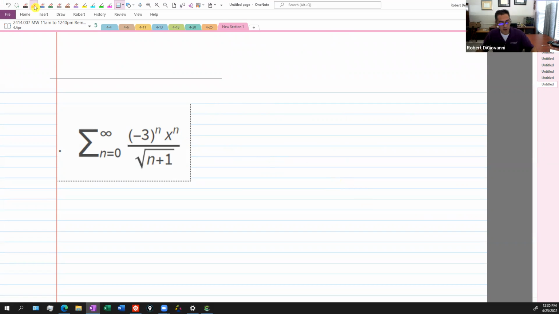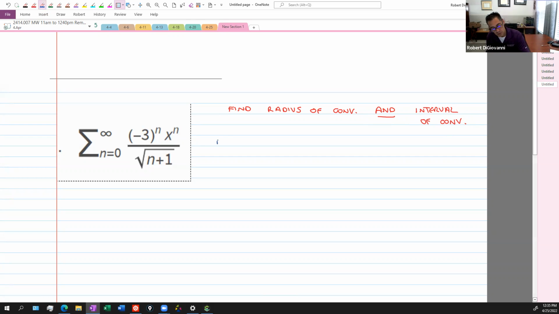Okay, what I want to know here is I want to find the radius of convergence and I also want you to find the interval of convergence. There's a difference between the two. In this example, hopefully I'll illustrate the difference between the two. It's easier to find the radius of convergence than it is to find the interval. You'll see. So I'm just going to run right to the ratio test.